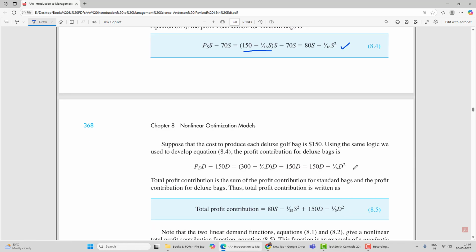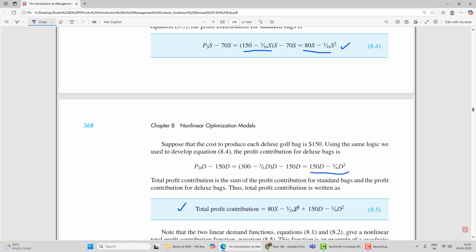Similarly, when I do it for deluxe bags, I get 150D minus 1 by 5 times D square. My total profit contribution, which I want to maximize, is the addition of these two, which is 80S minus 1 by 15 times S square plus 150D minus 1 by 5 times D square.